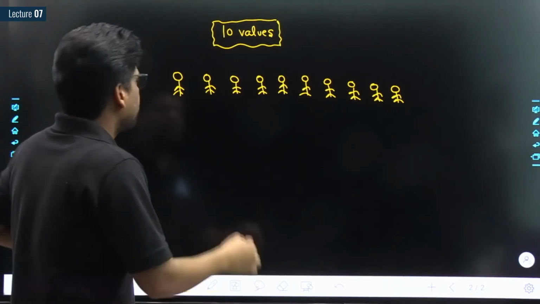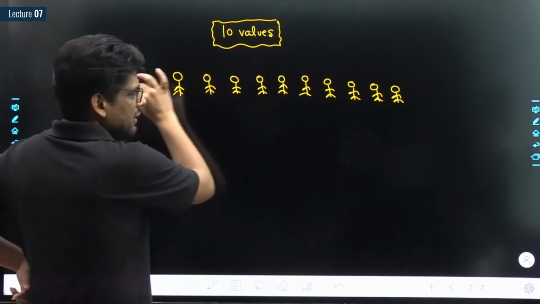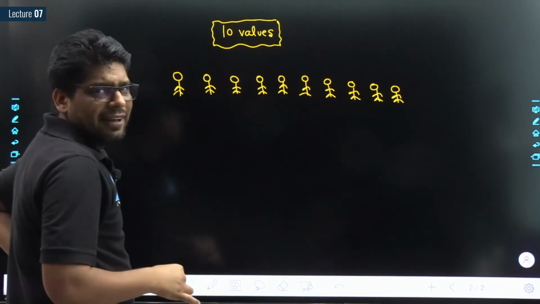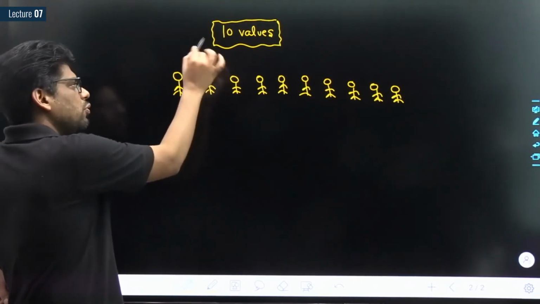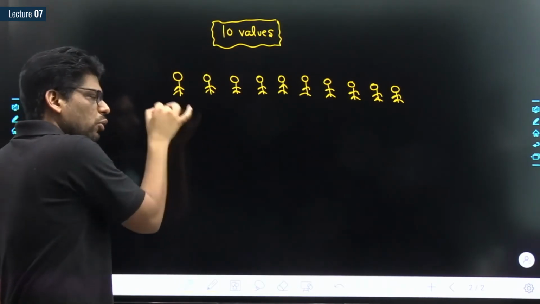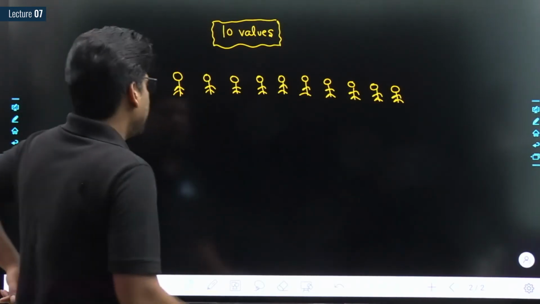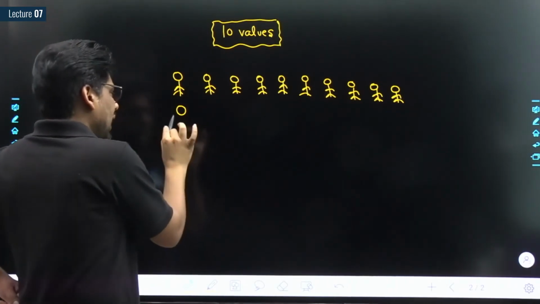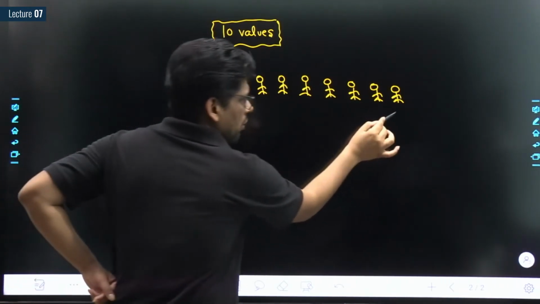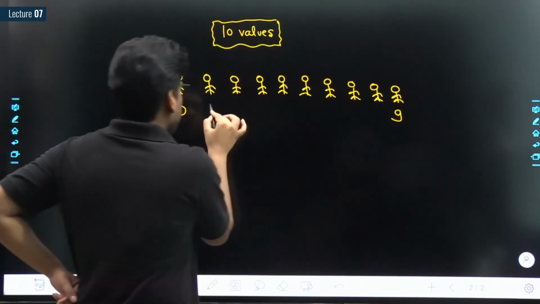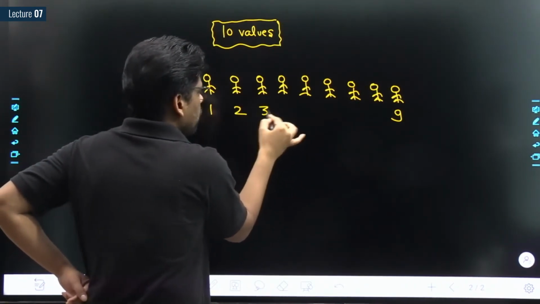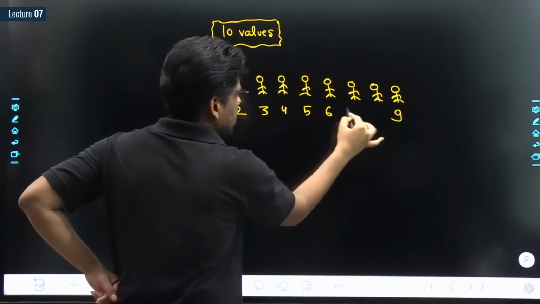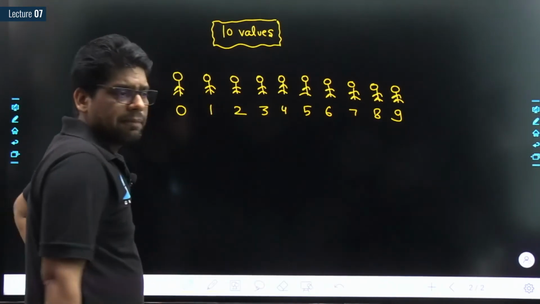Let us suppose these are your students and you are allowed to provide a roll number to every student. If you start the counting from 0, what is the roll number of this last one? I hope 9. Because 0, 1, 2, 3, 4, 5, 6, 7, 8 and 9.